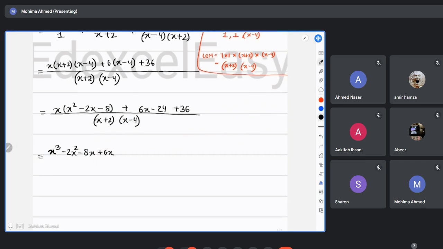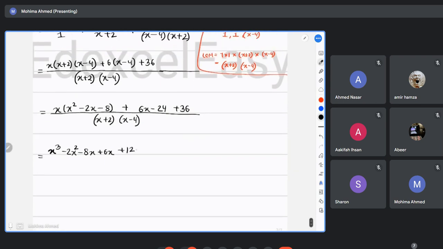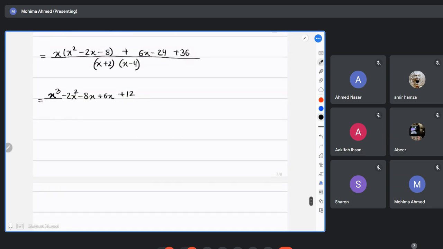Minus 24 plus 36. If you do that, I think you're supposed to get like 12. Yeah, you're going to get 12. And x plus 2, x minus 4 in the denominator.